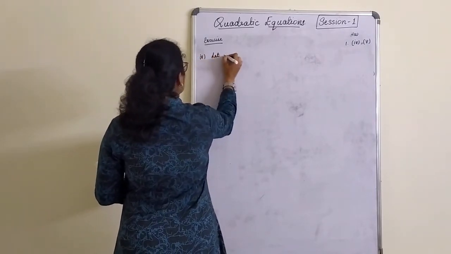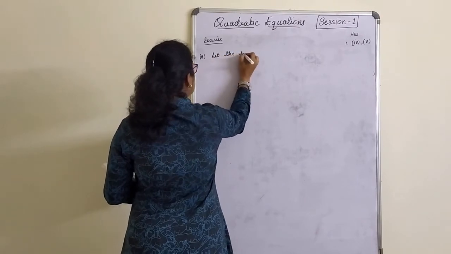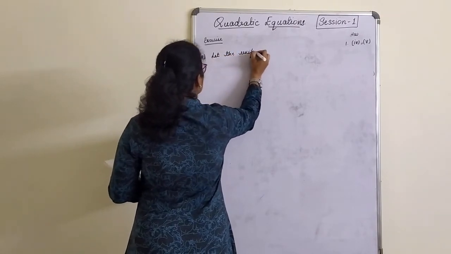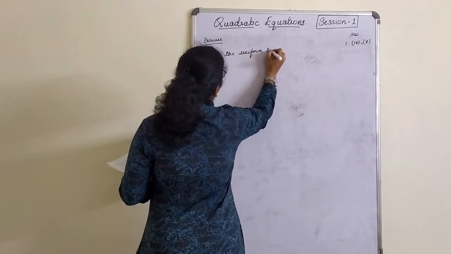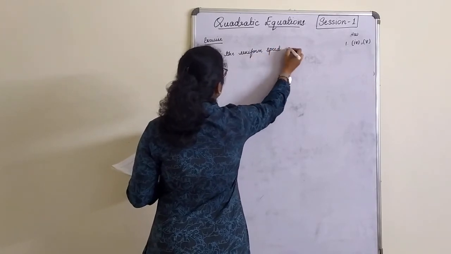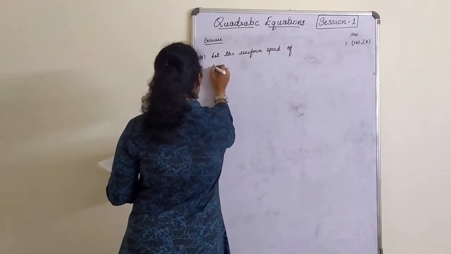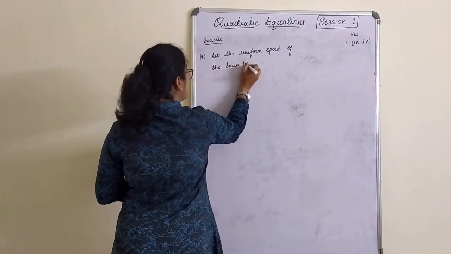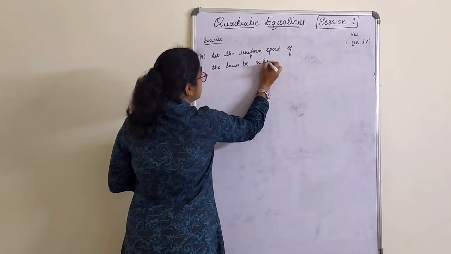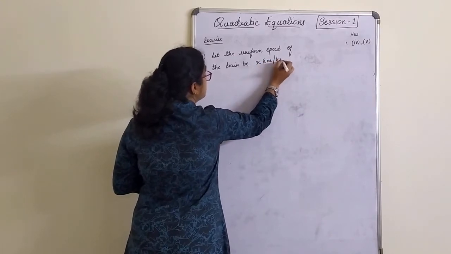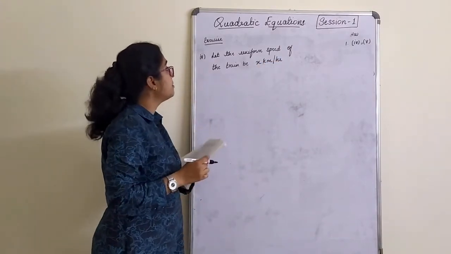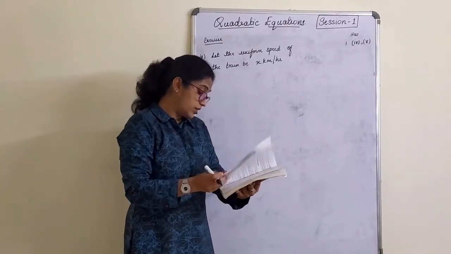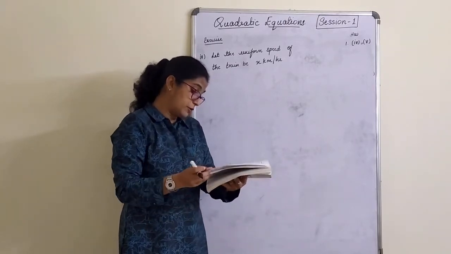Let the uniform speed of the train be x kilometer per hour. Children, if you remember, there was a question in the previous chapter.